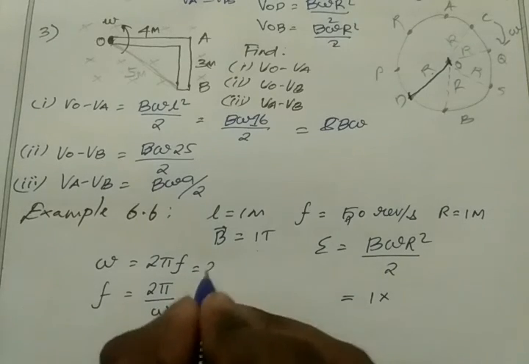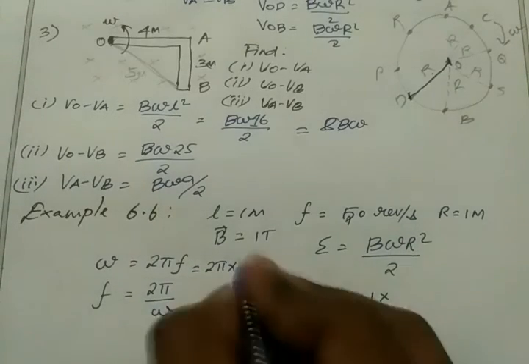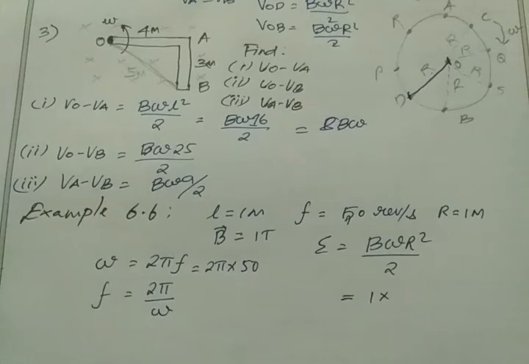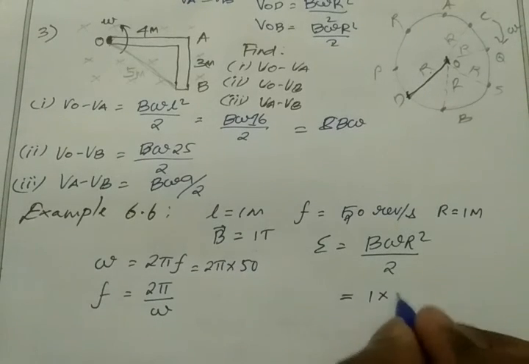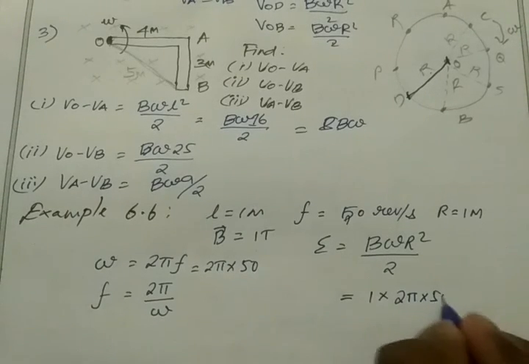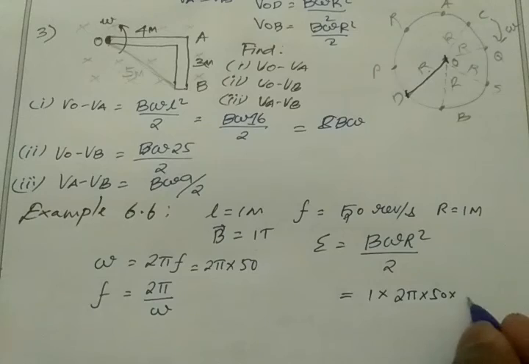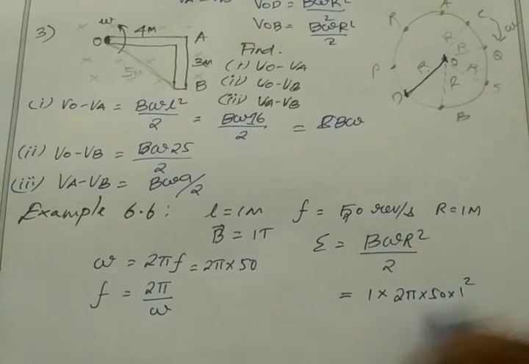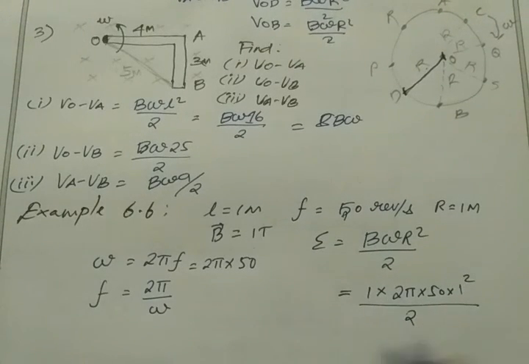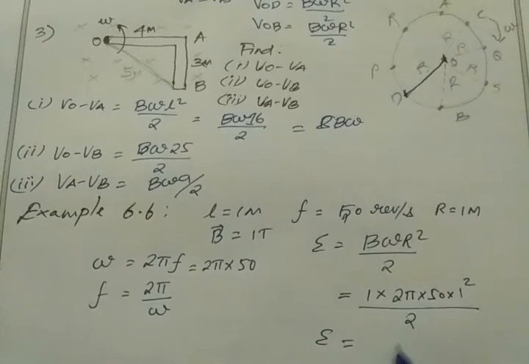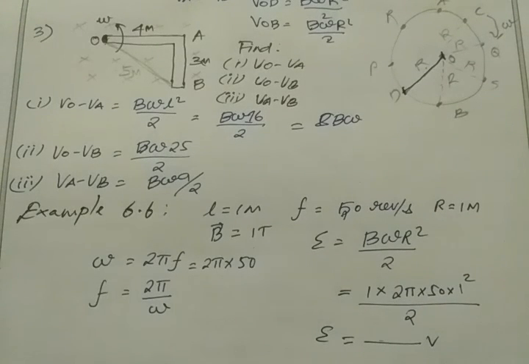What's the value of f? F is given as 50 revolutions per second. So instead of omega, I substitute 2 pi into 50. Then r is 1, so r square is 1, divided by 2. Find the value, and the unit is volt.